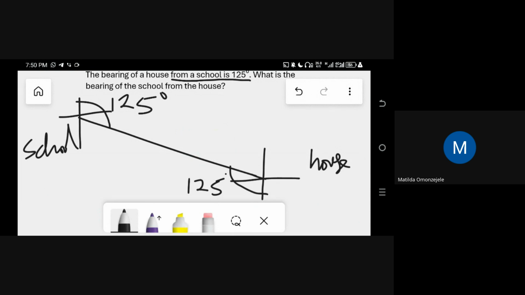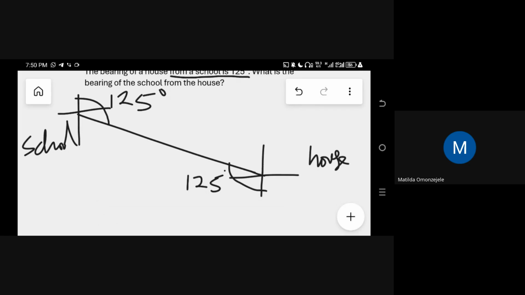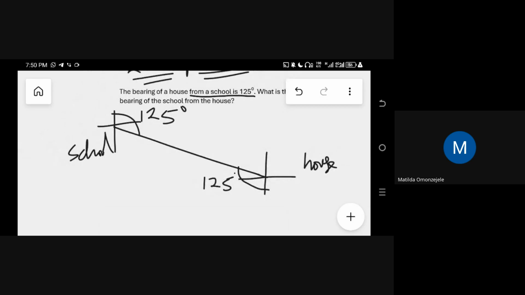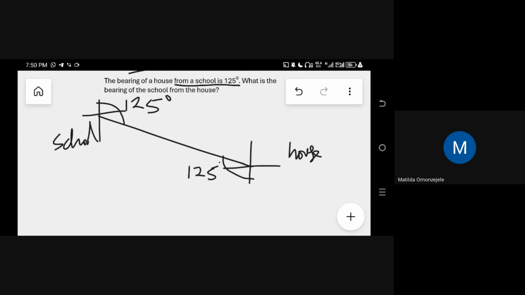So that's the alternate angle, which you learned in JSS2. If you have 125 at the school, the alternate angle at the house would be this point here.